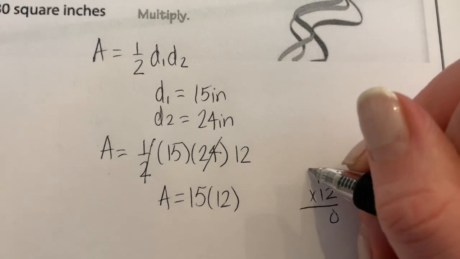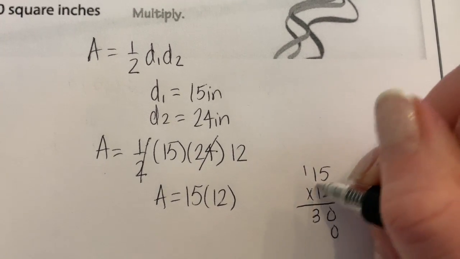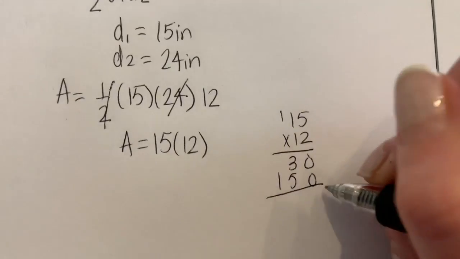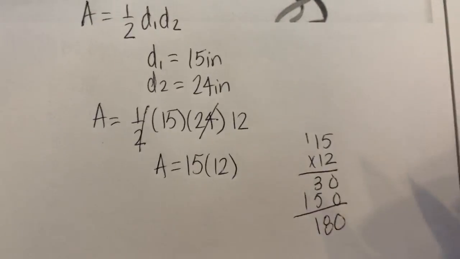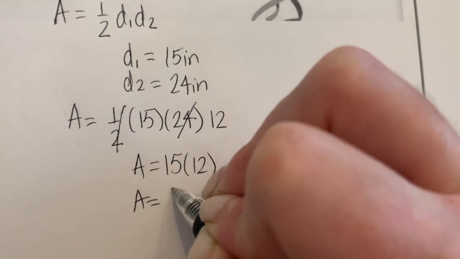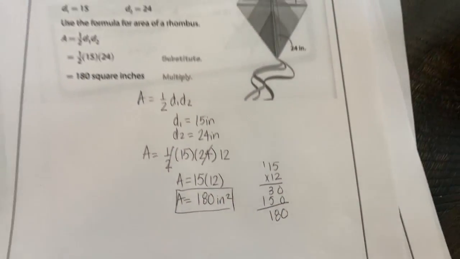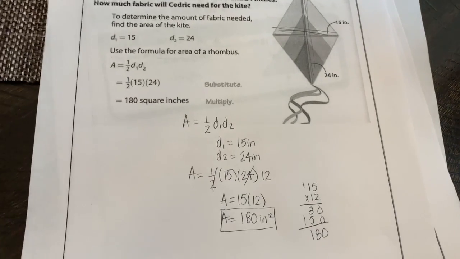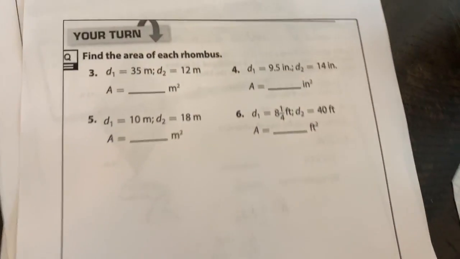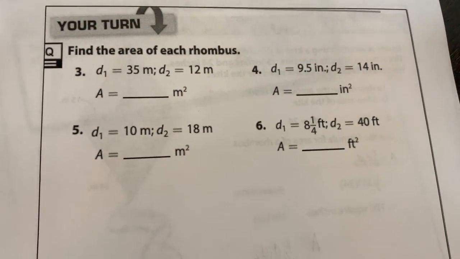So this is 10, 3, 5, 1, which gives me 180. So the area is 180 inches squared. It's a lot easier than it looked, right? So you do the your turn on your own, pause it, and then check your answers.